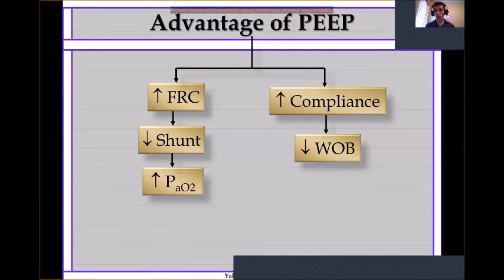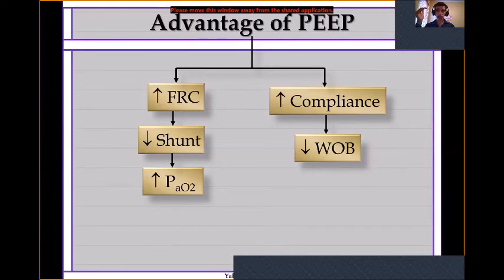And when you give more pressure, you get better compliance. Why? Because during breathing in, the patient will need less effort to increase the pressure to the max. What does that mean? Let's say you are giving PEEP of 5 versus PEEP of 6, and the patient needs a pressure of 13.